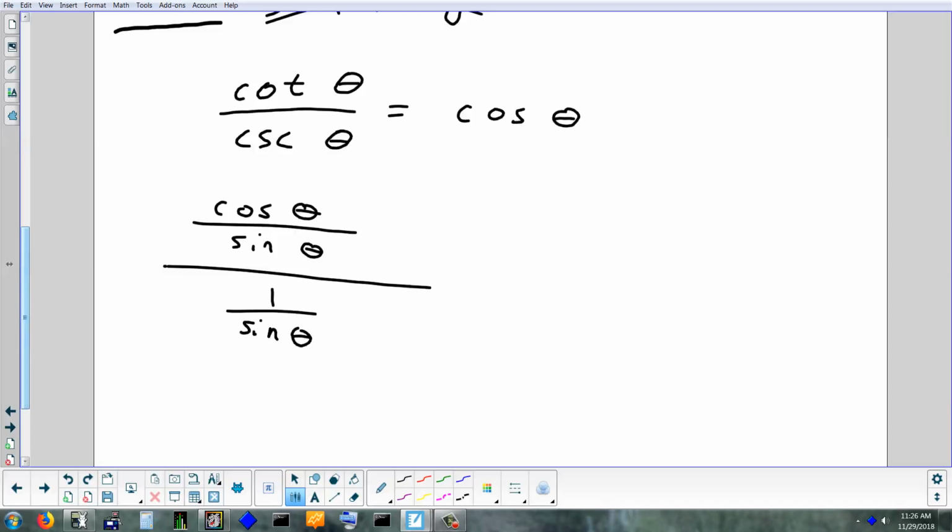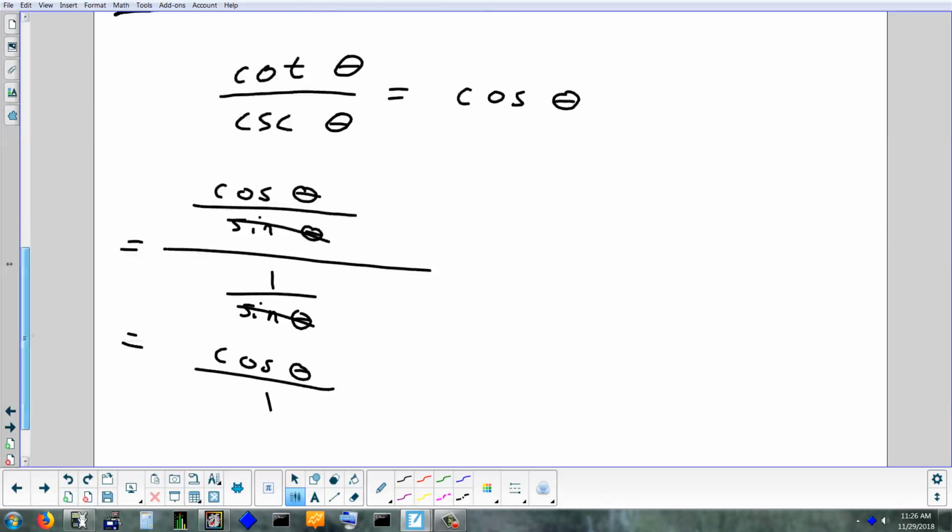Now, there's a couple ways you can do it. If you divide two fractions, you can multiply by the reciprocal. And if you do that, what would cancel out? The sines. Right? I just look at it, I see two fractions with the same denominator. I know they're going to cancel out. Now I'm left with cosine in the top.